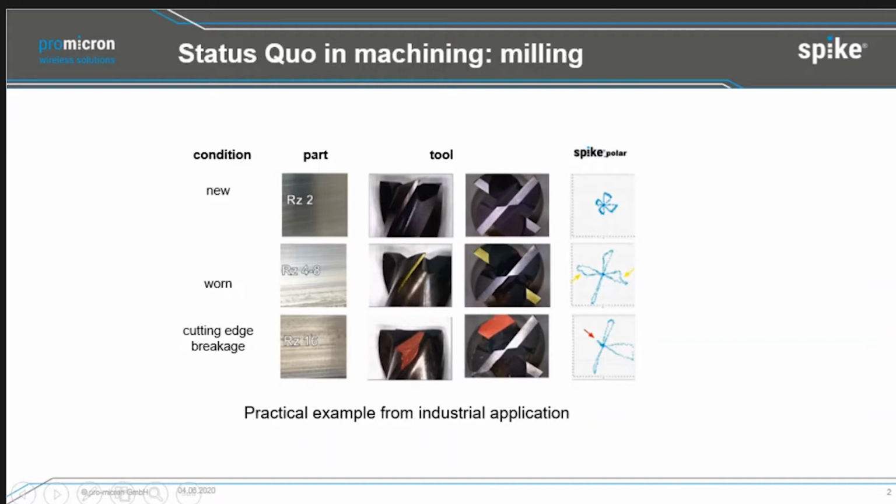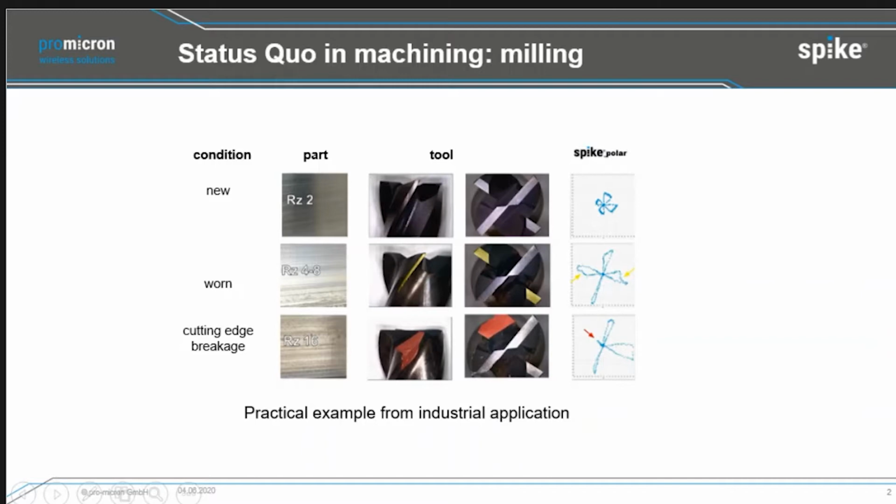With increasing tool wear, the forces increase and are no longer equally distributed. If one cutting edge breaks, we don't have any forces from that side of the tool, and we completely lose the surface quality, which we can see in the Spike Polar.